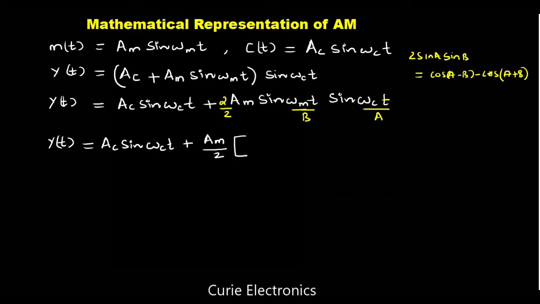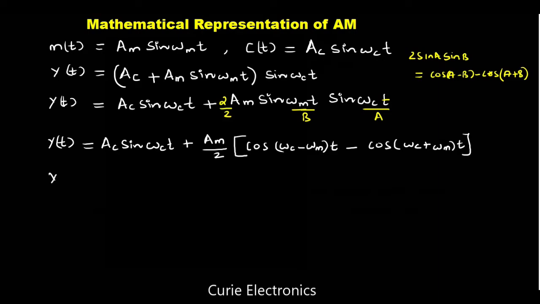So it is in the form of 2 sine A sine B. Now I'll write it as cos of A minus B, that is omega c minus omega m times t, t I have taken common outside. Minus cos of, as per the equation, A plus B, omega c plus omega m times t. So we have expanded this. Now it is in simple harmonic waveform.